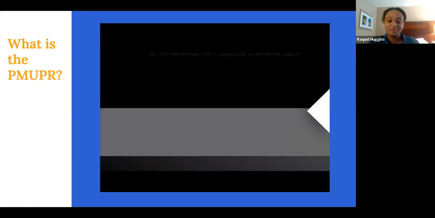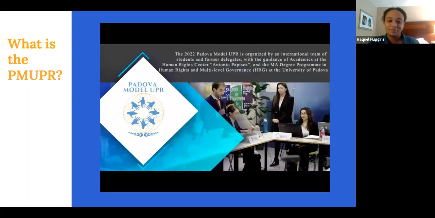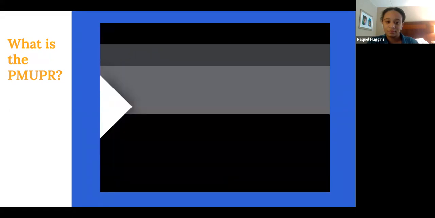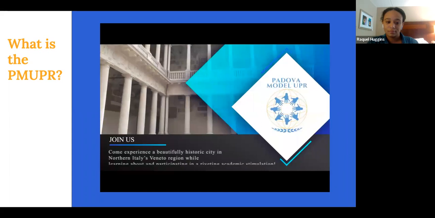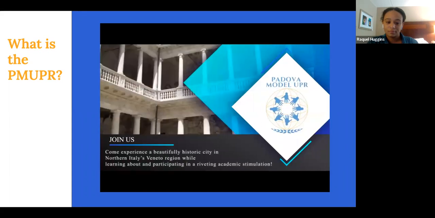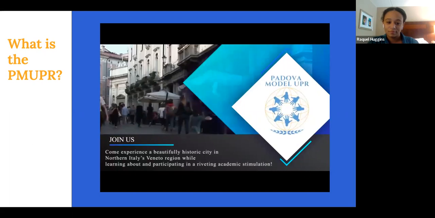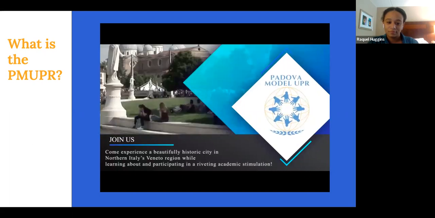The 2022 Padova Model UPR is organized by an international team of students and former delegates, with the guidance of academics at the Human Rights Center Antonio Papisca and the Master's Degree Program in Human Rights and Multi-Level Governance at the University of Padova. Come experience a beautifully historic city in northern Italy's Veneto region while learning about and participating in a riveting academic simulation.